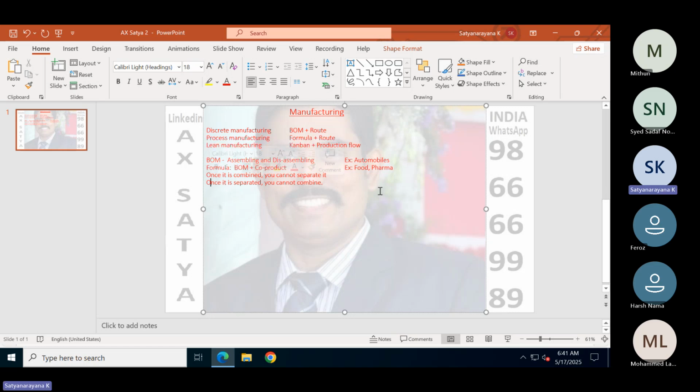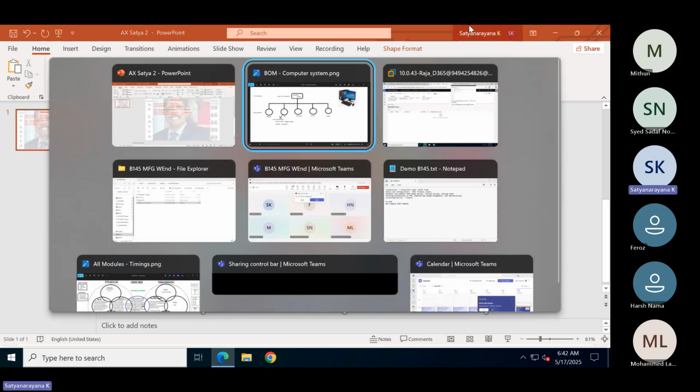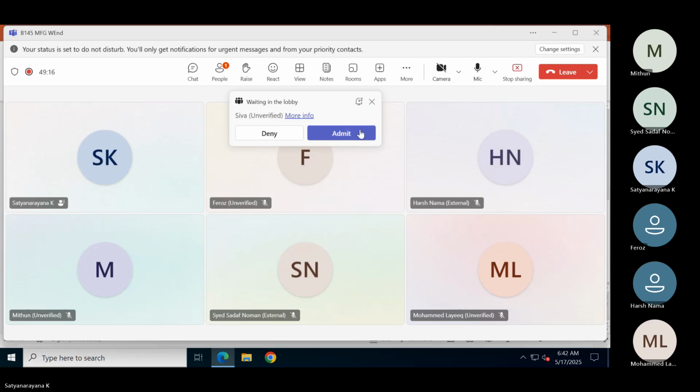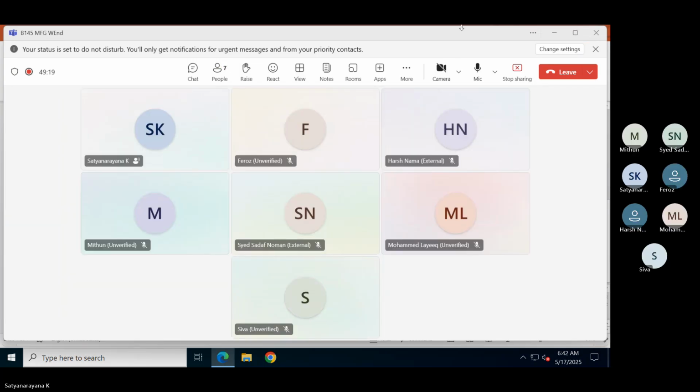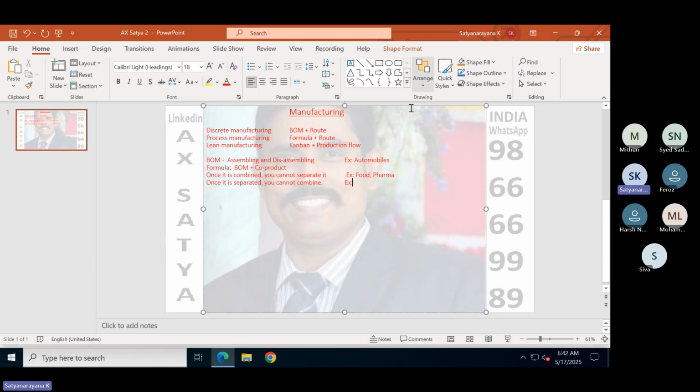Once it is separated, you cannot combine. An example for this is raw cotton.